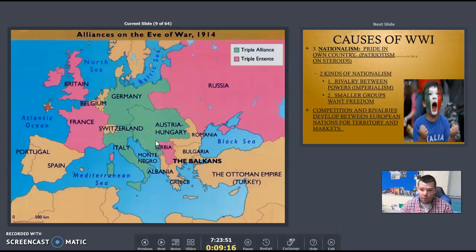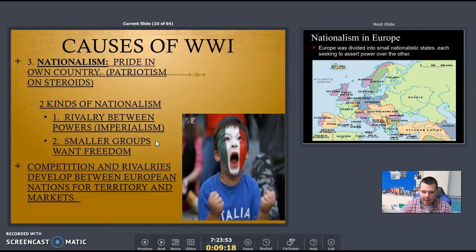They don't want to be controlled. So that's what that's saying, that you have small groups that want freedom. They want to separate from the larger empires and have their own independence. Think of the Philippines, same thing. A small country wanting to separate from Spain, wanting to separate from the United States. Cuba, same thing. So ultimately, nationalism is going to lead to competition and rivalries that are going to start to develop, as we'll get to here in a little bit.